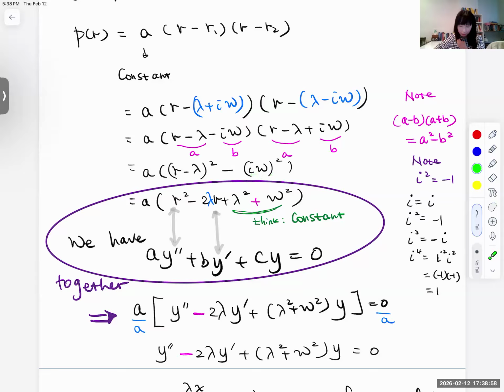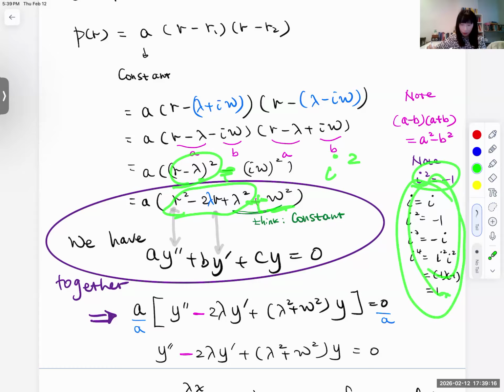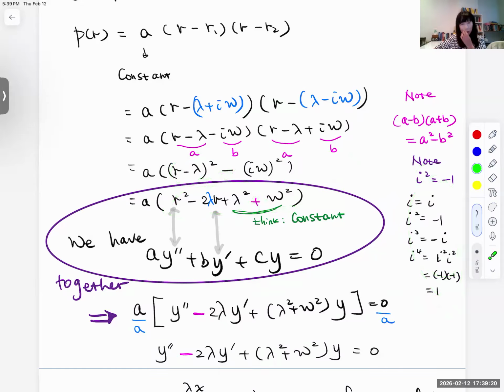Okay, now we expand from this one, right? But then what's i squared? i squared is negative 1, so we change the sign to plus, yeah? And then for your reference, I wrote down about the i here.